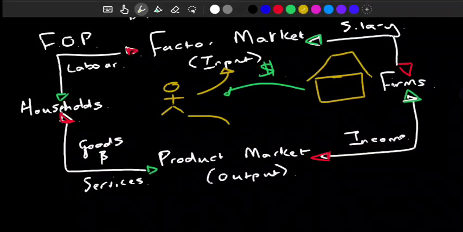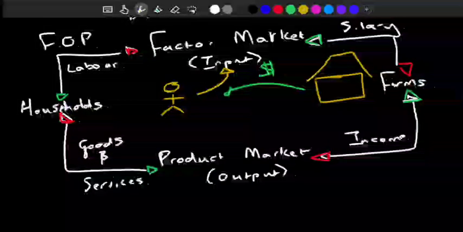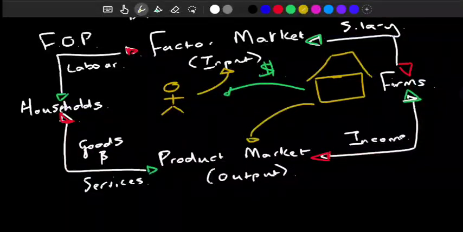Then I go to the product market and I buy goods and services. Let's do it the other way. The firm then goes to the product market with the goods and services that I created to sell there.